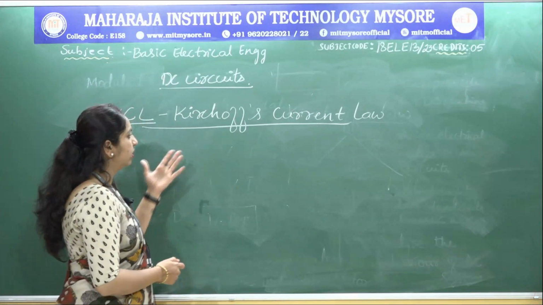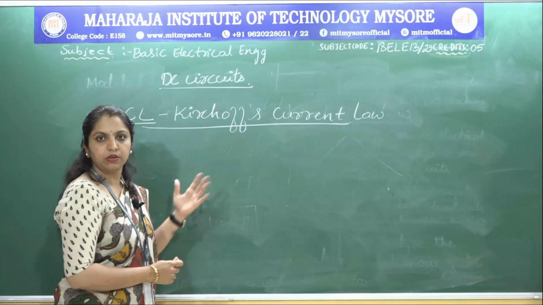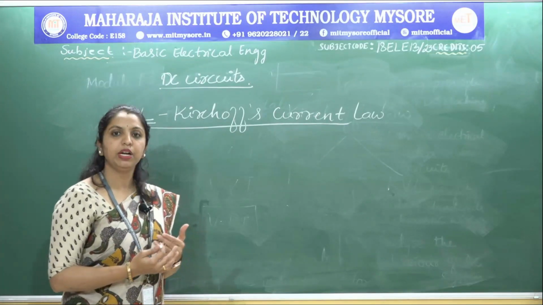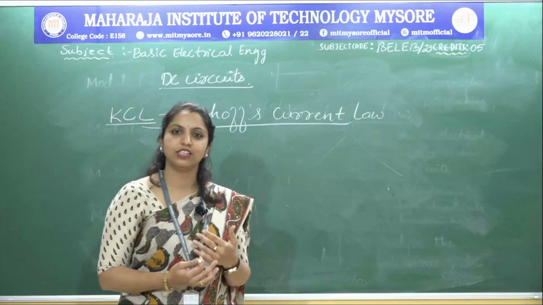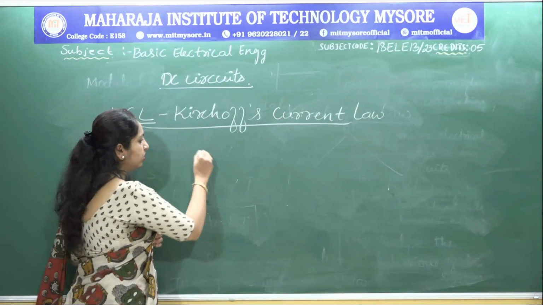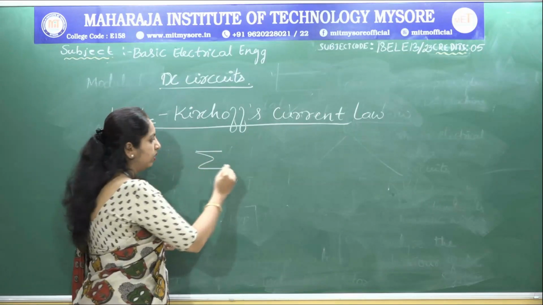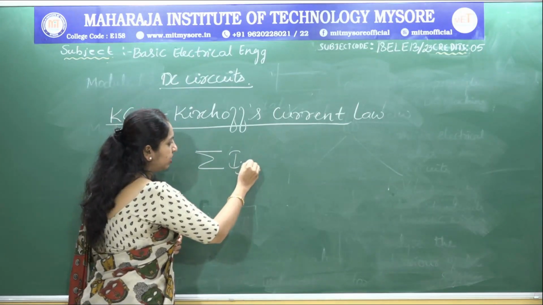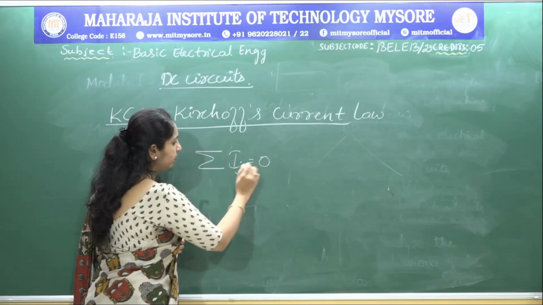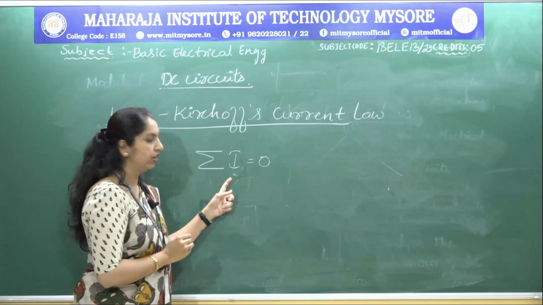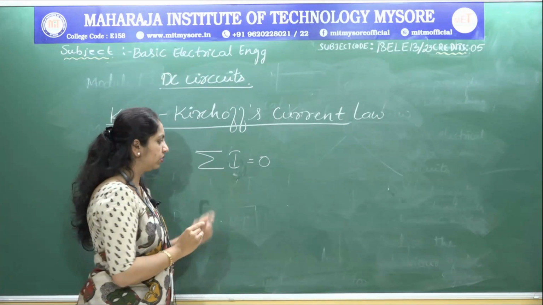The statement of Kirchhoff's current law is: the algebraic sum of the currents meeting at a junction is equal to 0. How do we write this in terms of an equation? The algebraic sum of the currents meeting at a junction is equal to 0.